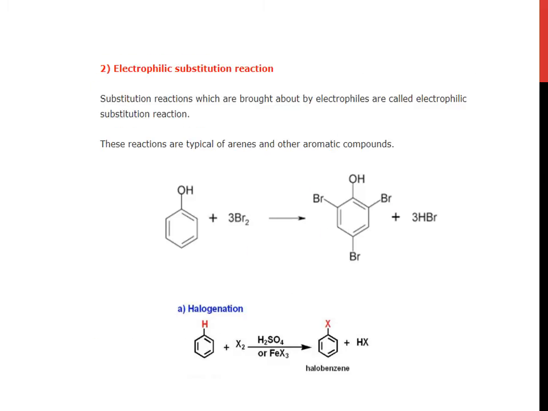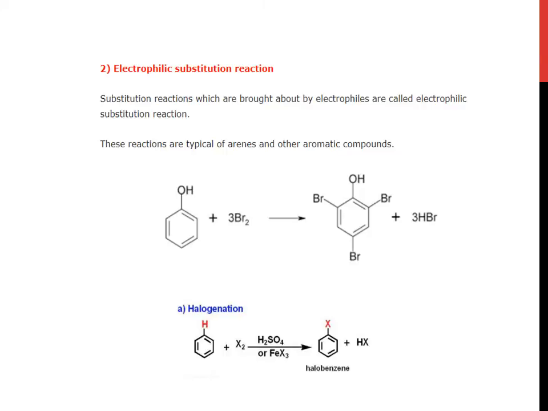Second, electrophilic substitution reaction. Substitution reactions which are brought about by electrophiles are called electrophilic substitution reactions. These reactions are typical of arenes and other aromatic compounds. So students, the two reactions which are visible on the screen are also in chapter 13. So what happens when phenol is treated with bromine?